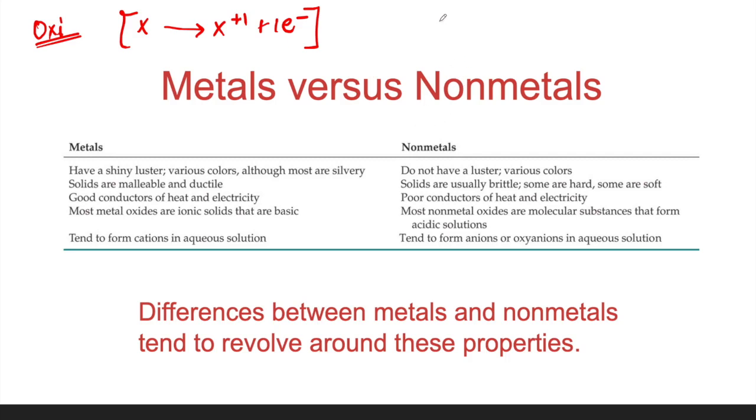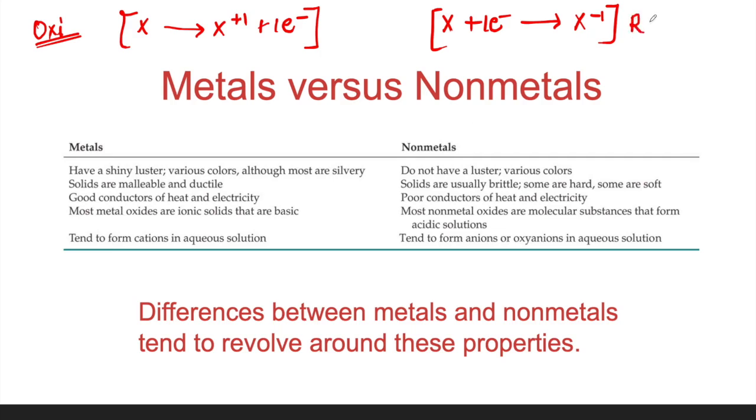Non-metals, on the other hand, usually have more than 4 valence electrons in their outermost shell, because of which, to have a complete octet and become stable, non-metals usually tend to gain electrons and form the respective negative ions. The process by which any element gains an electron and forms its negative anion is called reduction.